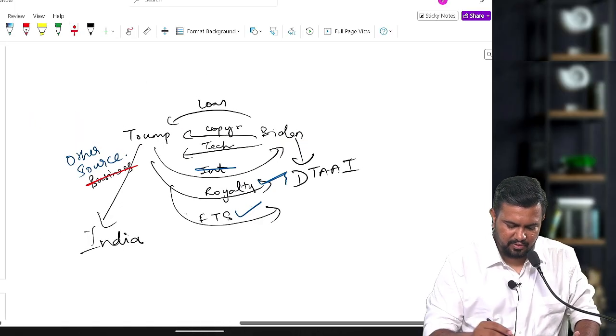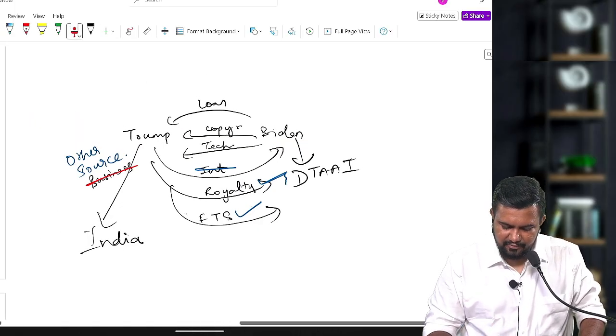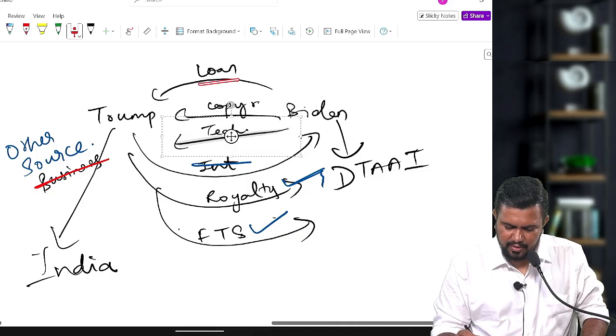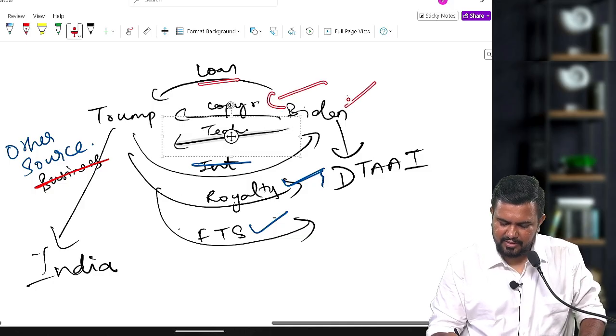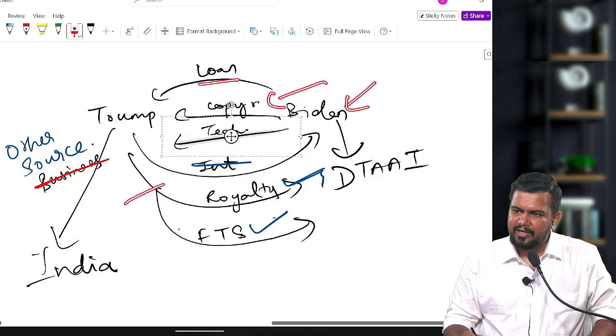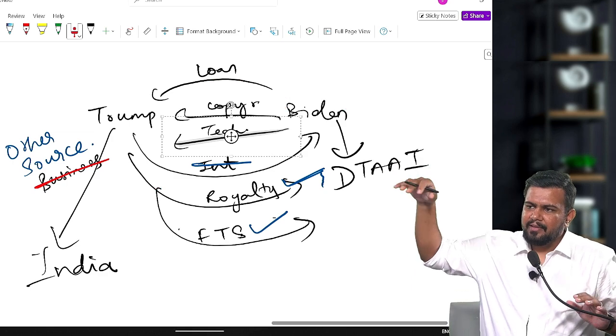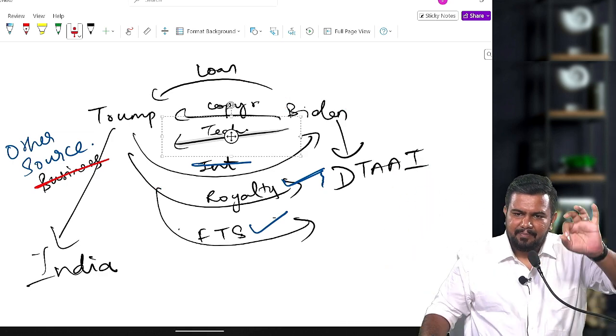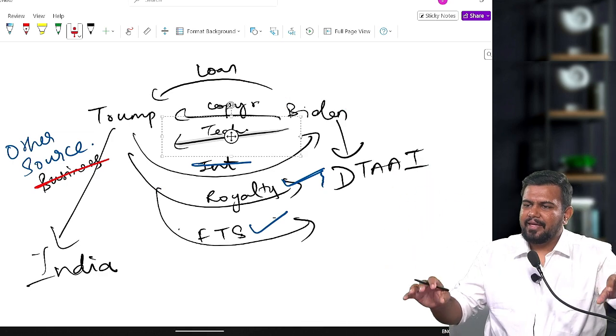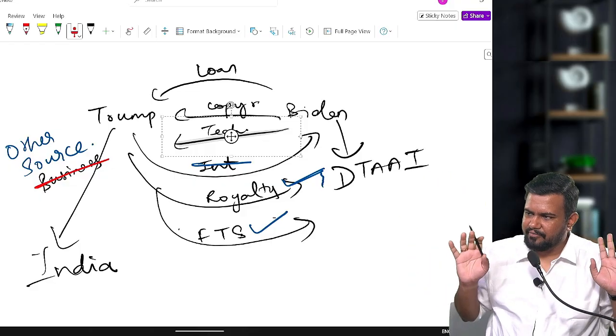What did I tell? In the first example, I told you that if Trump is taking a loan, copyright, or technical service and he is paying interest, royalty, and fee for technical service to Biden, then when Biden is receiving it and Trump is using it for business in India, everything is taxable in the hands of Biden.